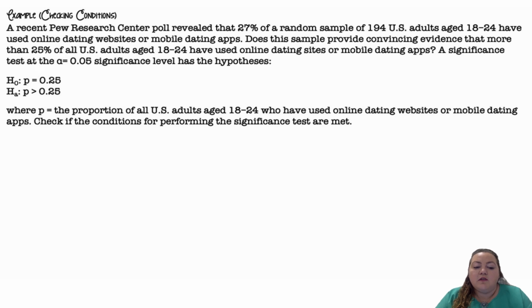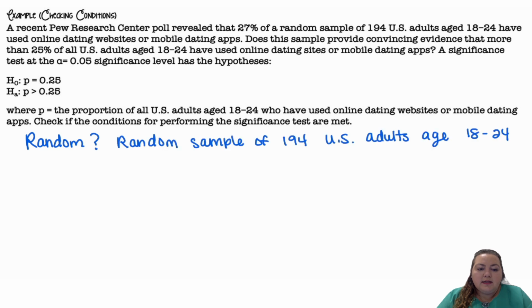Check if the conditions for performing the significance test are met. So remember our conditions, it needs to be a random sample and it needs to meet the large counts. So, random. It said a random sample of 194 U.S. adults aged 18 to 24. So that was met, it was stated.